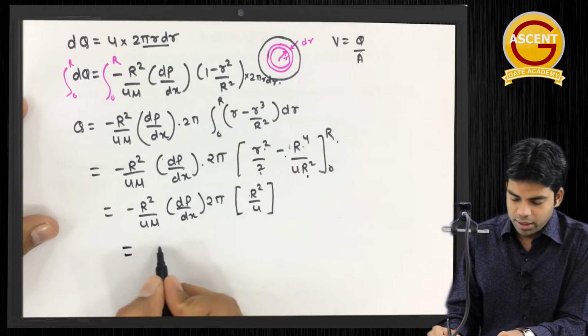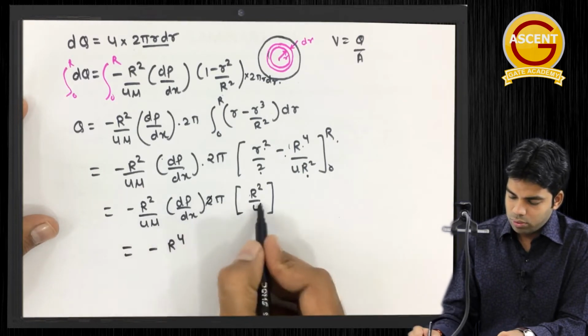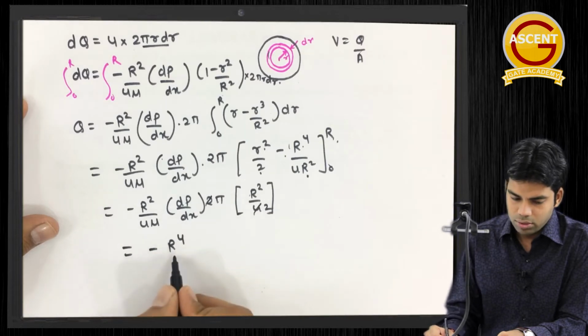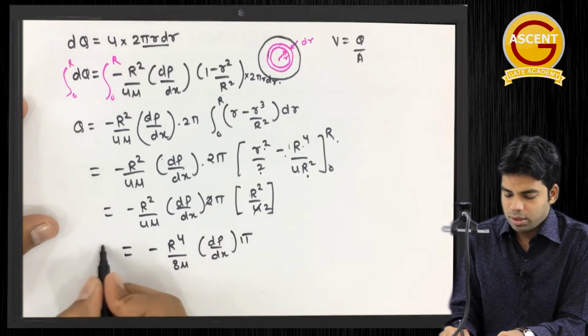So R square by 2 minus R square by 4, overall we will get minus R raised to the power 4 by 8 mu into dp by dx into pi. This is the value for Q.